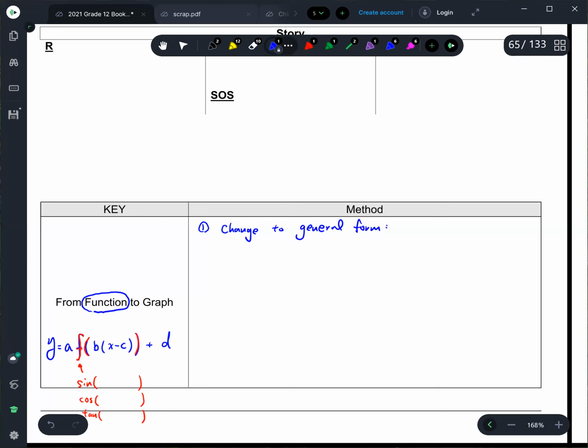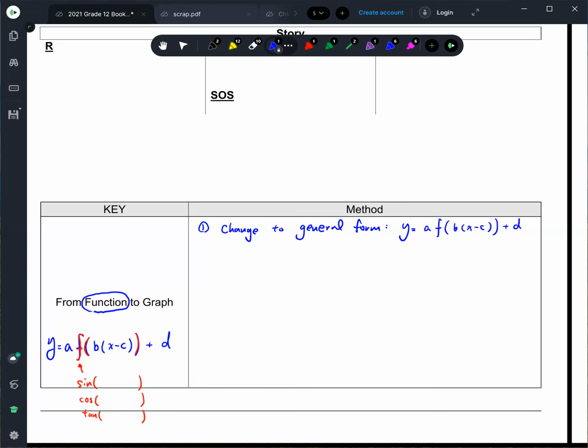General form looks like this: y equals a f of bx minus c in brackets, plus d. Function is referring to that. Make sure you copy the brackets correctly.